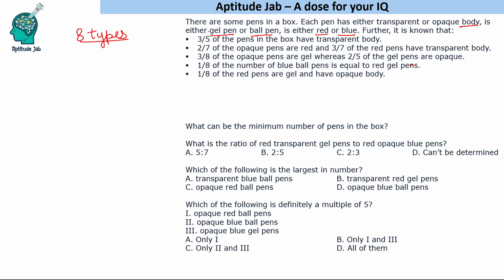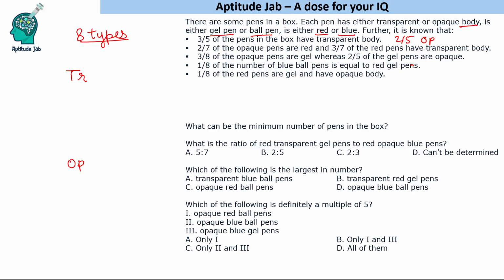We have to make 8 types, so let us bifurcate on the basis of transparent and opaque. It says 3/5 of the pens have a transparent body, so 2/5 will have opaque. Now let us make two tables because we cannot show three dimensions together. One for transparent and one for opaque.